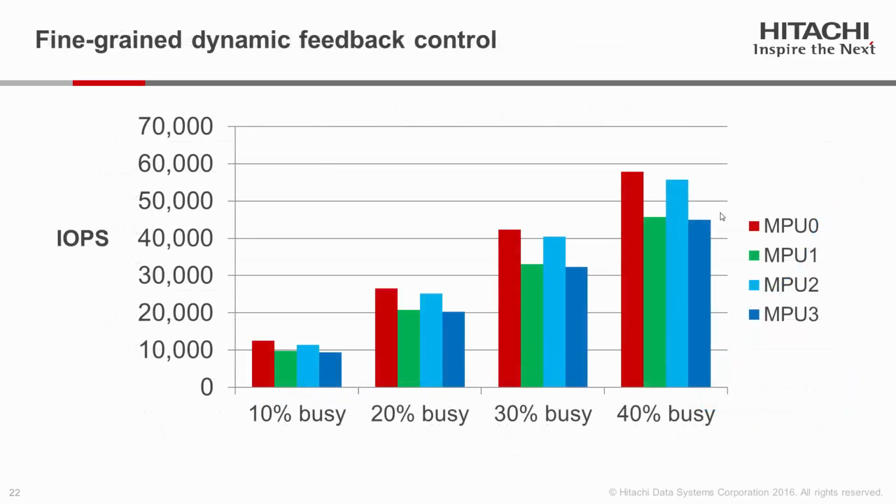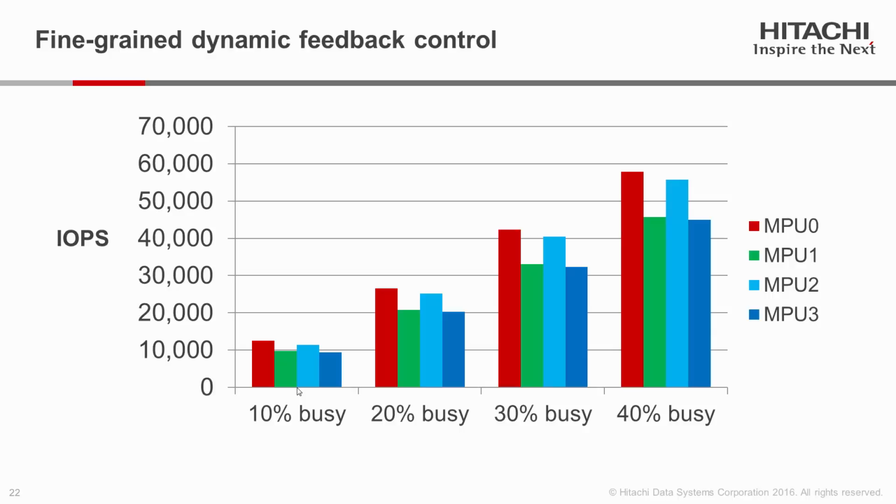Okay. And then in this case, we're showing the concept of fine-grained dynamic feedback control. For each of these set of columns, this was a single run of Ivy, and we specified that the dynamic feedback control was supposed to be pointed at the MPU rollup. So dynamic control of the IOPS at the same time for all of the MPUs.